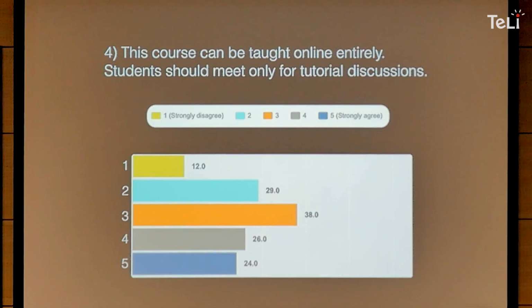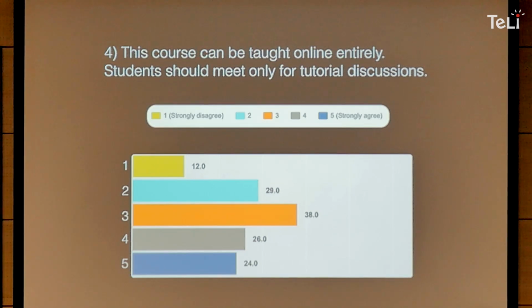And then I also asked, okay, do you think everything should have been online instead of doing 8 face-to-face, but 6 face-to-face lectures and 5 online lectures, right? This is kind of split, I guess, right? Some students, close 50 students out of 127 says, yeah, everything could be online. Agree, strongly agree. Right?